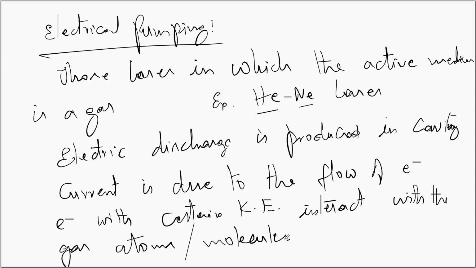When they interact, they transfer their kinetic energy to the gaseous atoms. Essentially, the kinetic energy of the electrons, upon interacting with the gaseous atoms, will be transferred and used to establish a population inversion in the gaseous lasers. We use the electrical pumping only in the case of gaseous lasers.